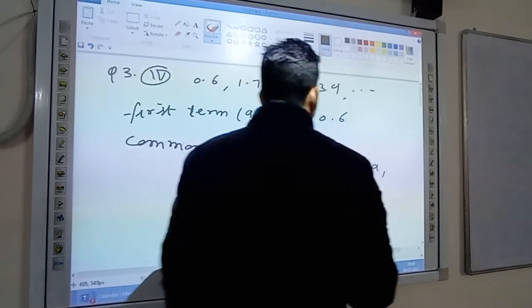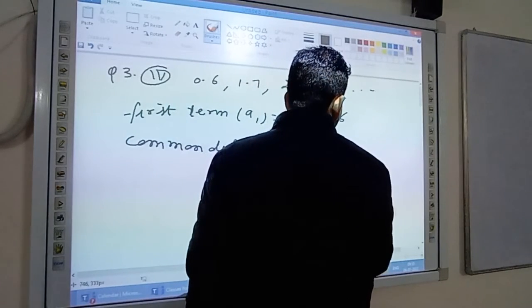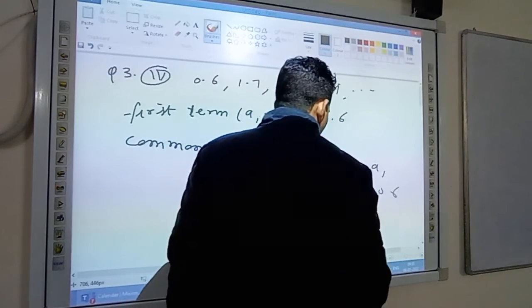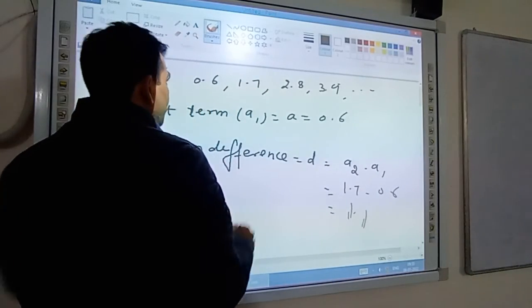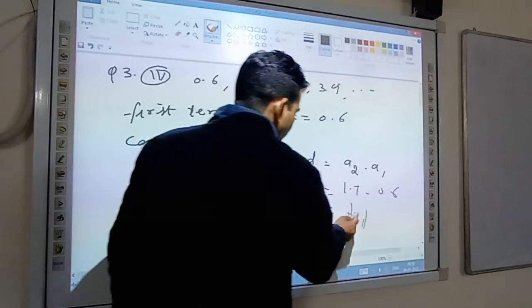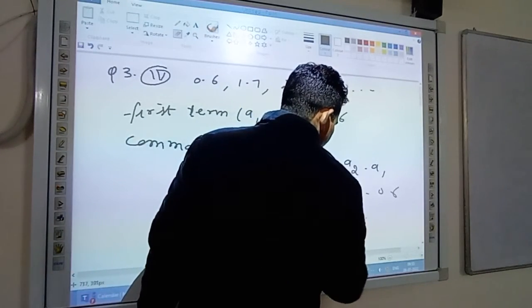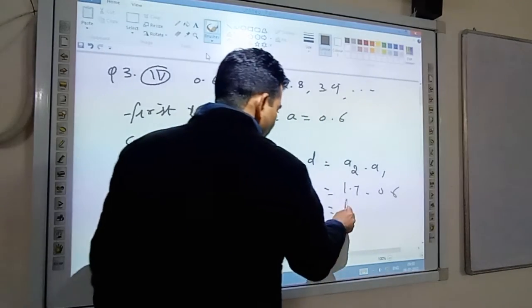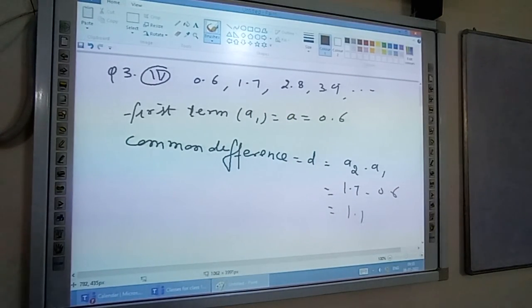A2 is second term, A1 is first term. Second term is 1.7 minus 0.6, that is 1.1. Any doubt? Any problem?